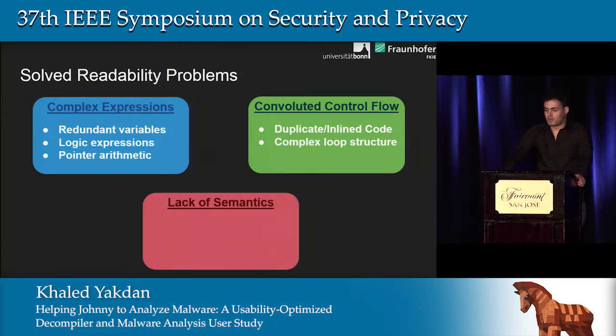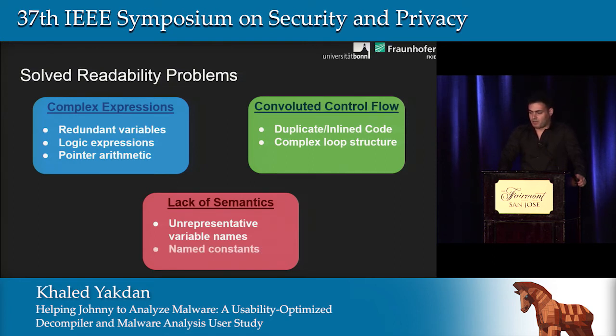The third category of problems was that decompiled code often lacks high-level semantics, such as variable names. This information is simply lost during compilation, and we developed several techniques to give representative names to the variables based on the context in which they are used.